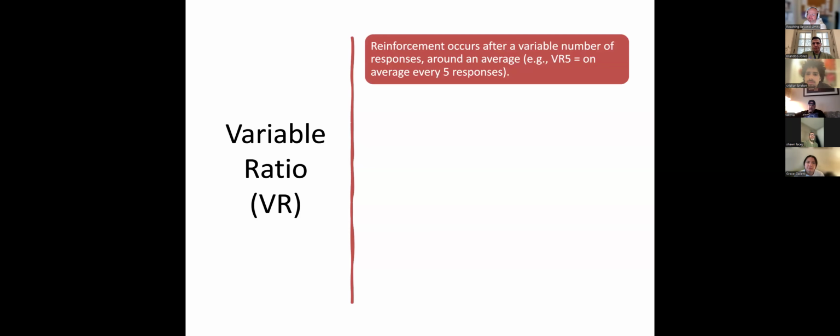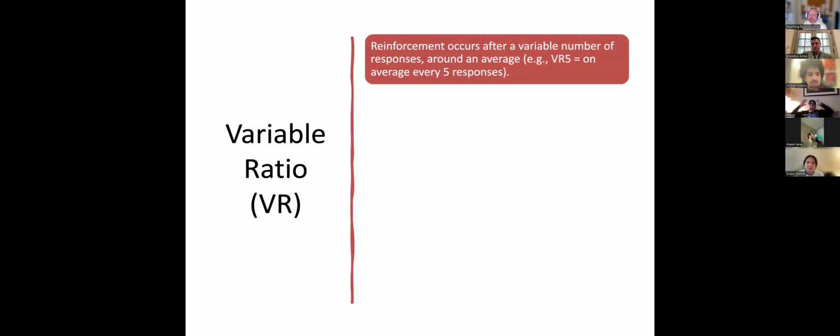So what do we mean by variable ratio? Maybe I got ahead of myself. A variable ratio schedule is reinforcement that occurs after a variable number of responses around an average. So if we see VR5, it's on average every 5 responses.